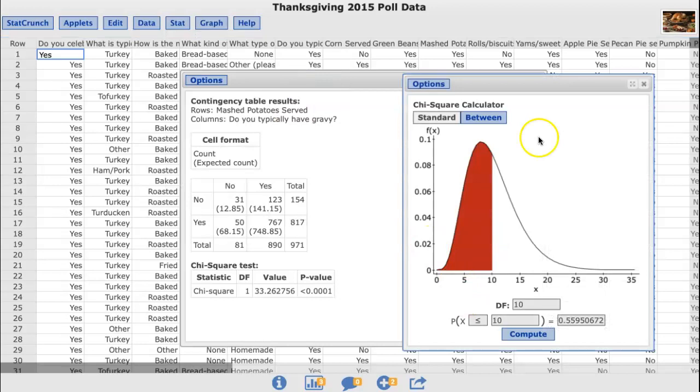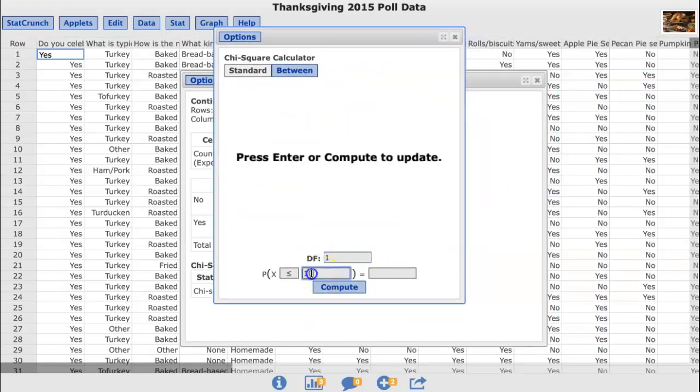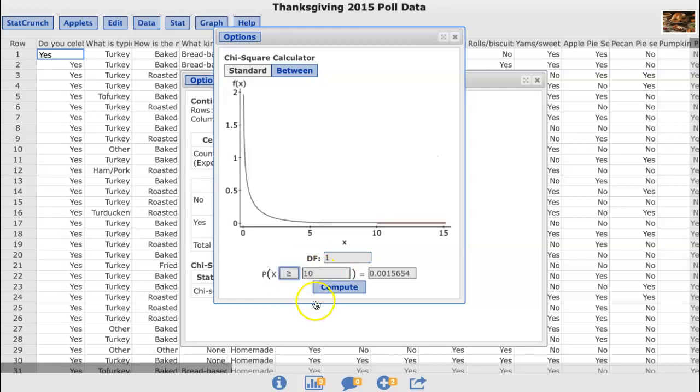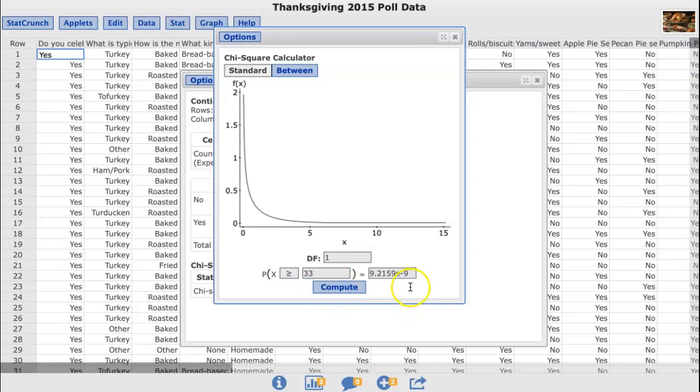I plug in 1 degree of freedom, switch this to greater than or equal to, put in 33 and compute. This e to the negative 9 just means go 9 decimals to the left: 1, 2, 3, 4, 5, 6, 7, 8, 9. So you get a number that's very, very close to 0.